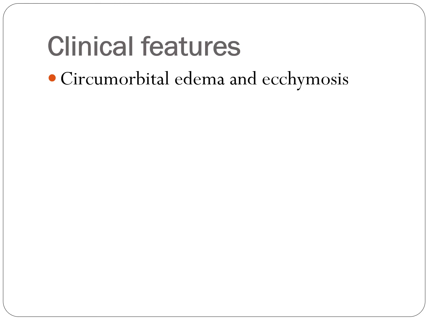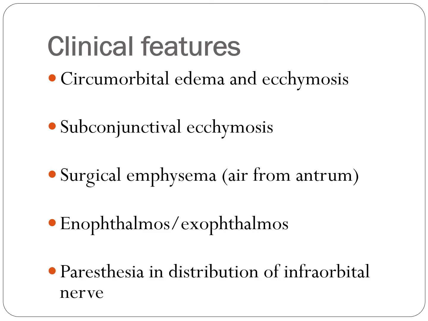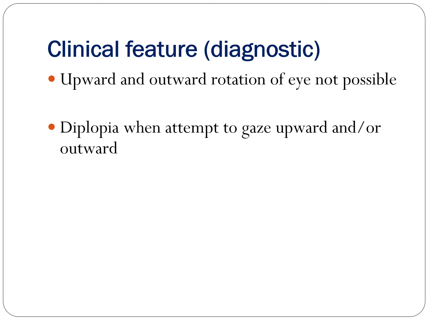So the clinical features we can notice in the blowout fracture: circumorbital edema, ecchymosis, subconjunctival ecchymosis, surgical emphysema from the antrum, enophthalmos and exophthalmos, and diffusion of the intraorbital contents.